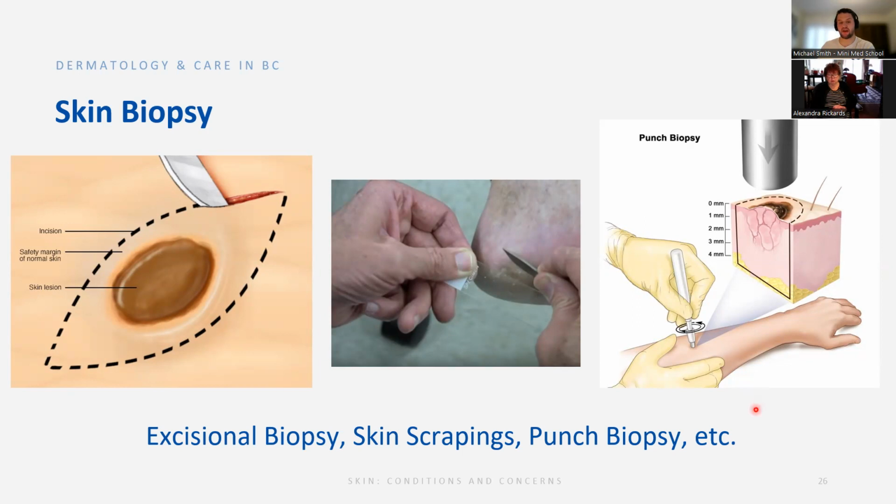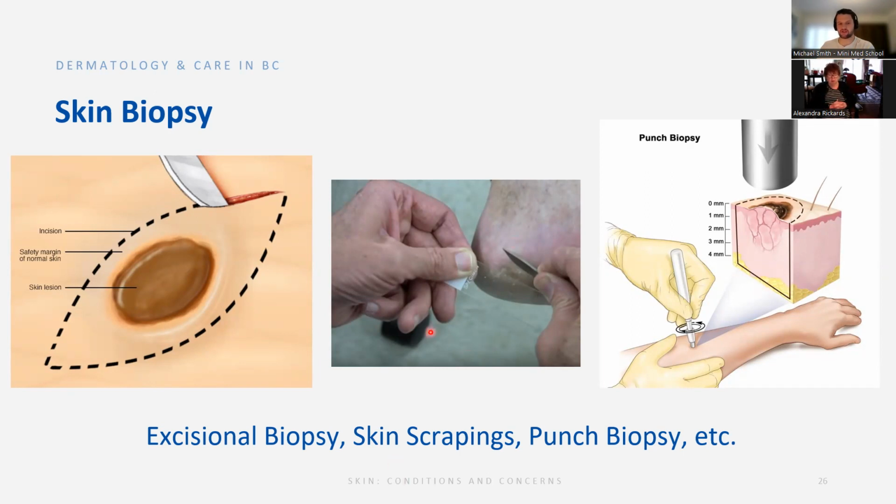So that can be helpful. However, it's not always helpful for certain types of skin cancers like melanoma, because you can lose a lot of the diagnostic parameters by taking a sample out of it, because you need to see the whole thing. So that's something that they may avoid doing for those reasons.